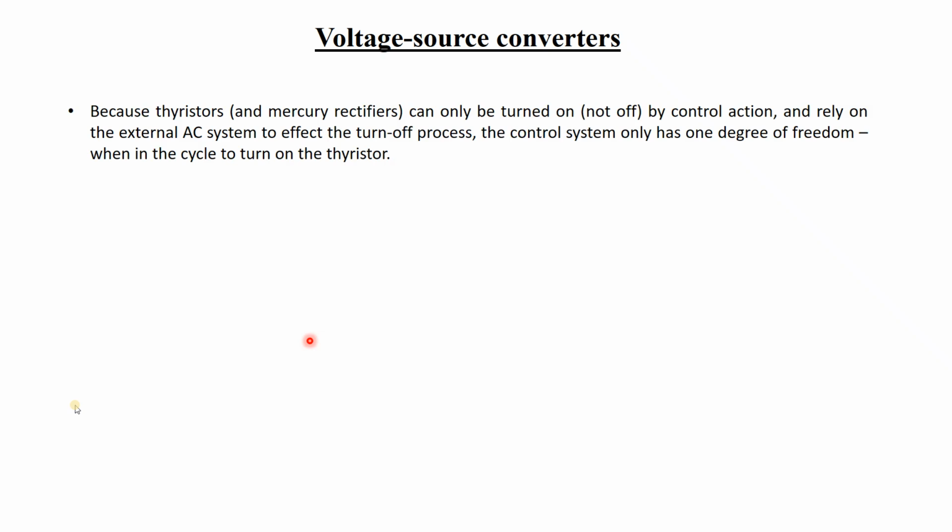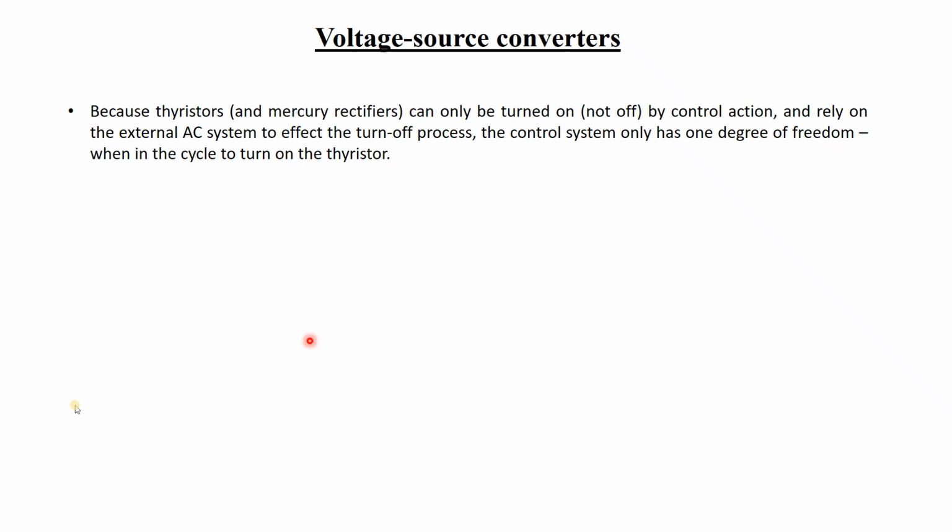That is why in VSCs 12 pulse is not at all required, because the performance which a 6 pulse VSC can provide is far better than the 12 pulse LCCs. So there is no requirement of a 12 pulse VSC.